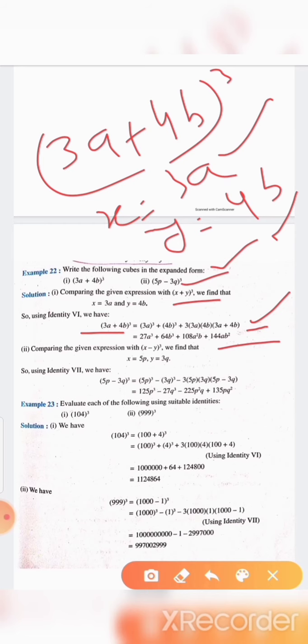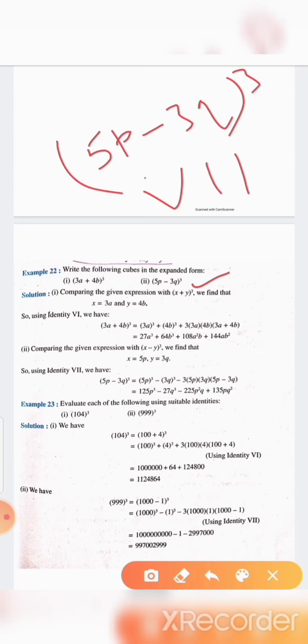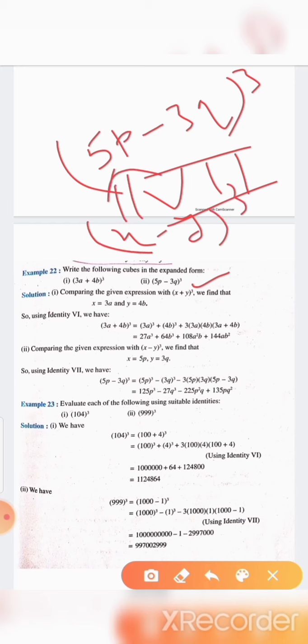Second question, (5p minus 3q) whole cube. Here we use identity number 7, (x minus y) whole cube. Comparing, x is equal to 5p and y is equal to 3q.